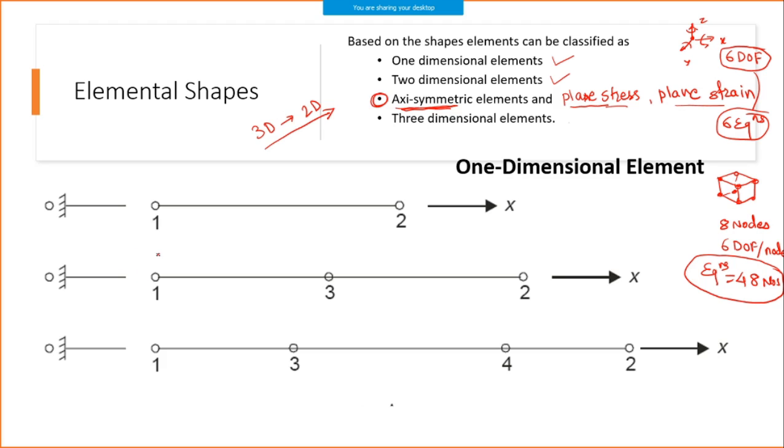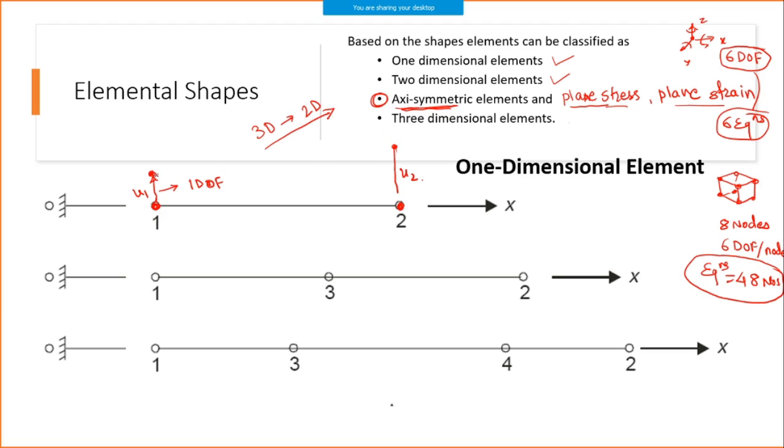If you look into the first, the 1D element, a 1D element means each node has only 1 degree of freedom. That is what is basically called a 1D element. If I have only two nodes, where the deformation of this node is U1 and the deformation of this node is U2, I will get only 2 points to map on the displacement.